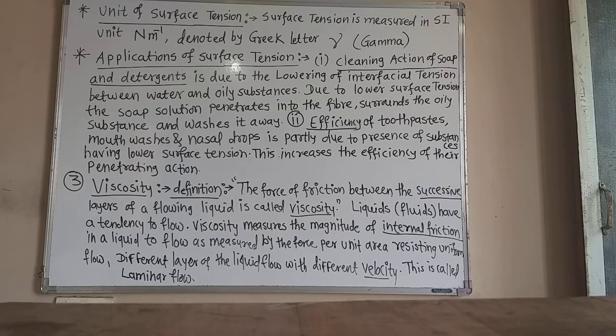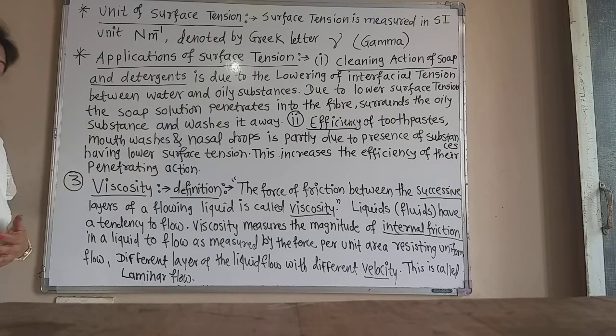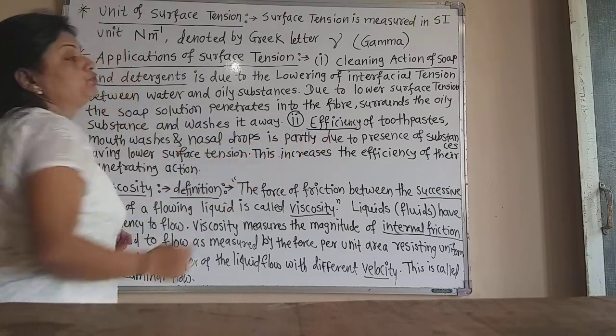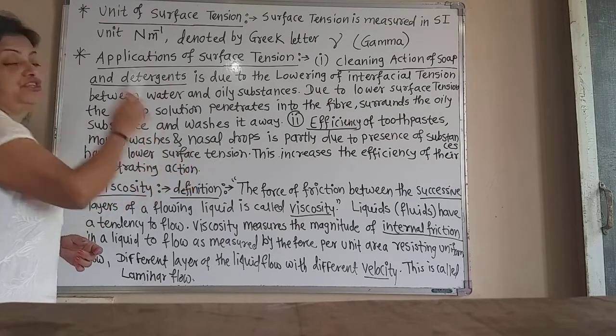Now the second very useful application of surface tension is the efficiency of toothpaste as well as mouthwashes and nasal drops, which penetrate very effectively. This efficiency of toothpaste, mouthwash and nasal drops is partly due to the presence of substances having lower surface tension.